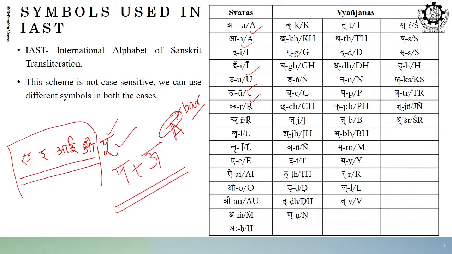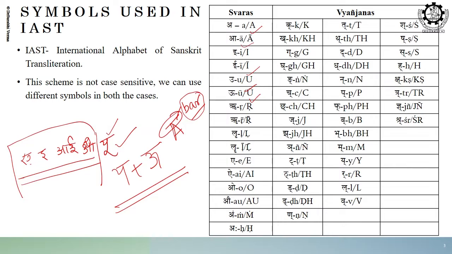So, you can see that the bar is used to denote the long syllable, where dirgha is used. When I say long and short, long means dirgha and short means hrasva. So, hrasva akara is a, dirgha akara is a bar.